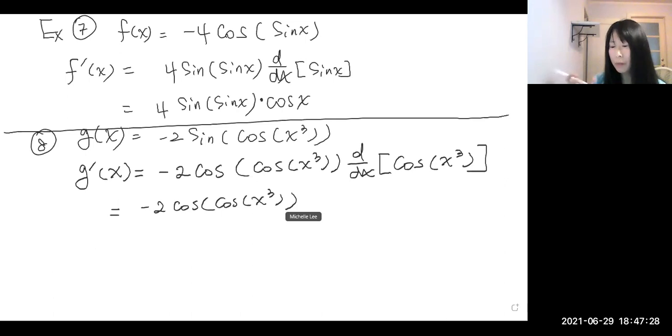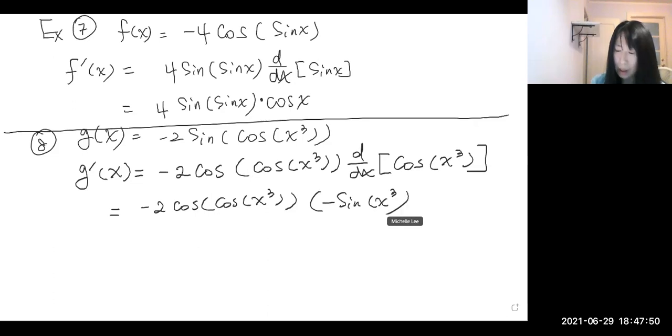What's the derivative of cosine x? Derivative of cosine? Negative sine. Negative sine, whatever inside. Okay. Now we're not done yet. We have not taken the derivative using chain rule for the variable x.